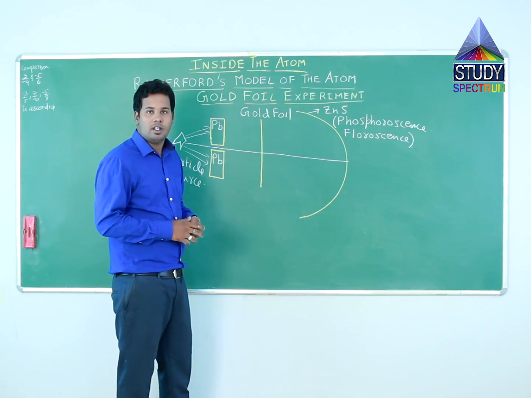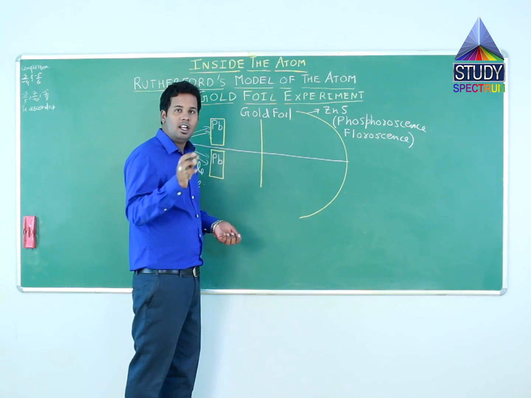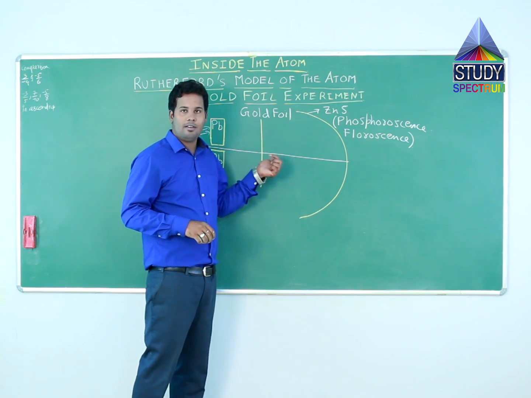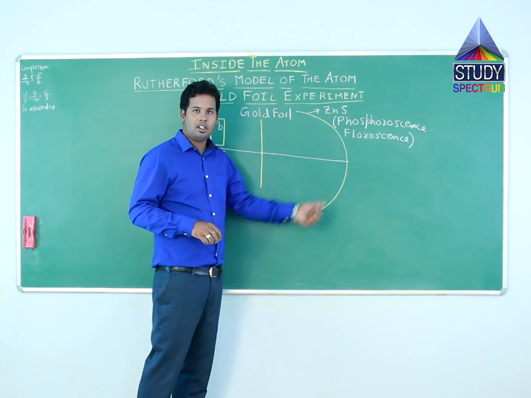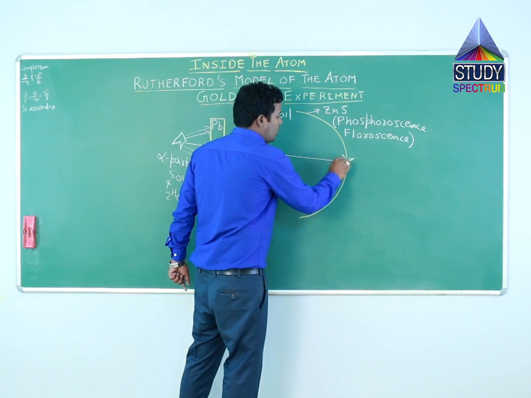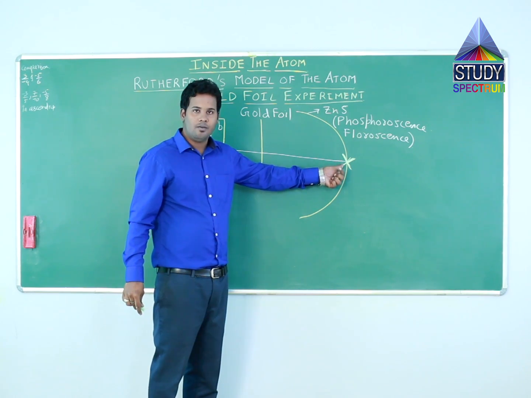What were his observations? He observed that when these alpha particles traveling in a straight line passed through this gold foil, most of the scintillations, most of the flashes of light, were shown at the center of the screen.